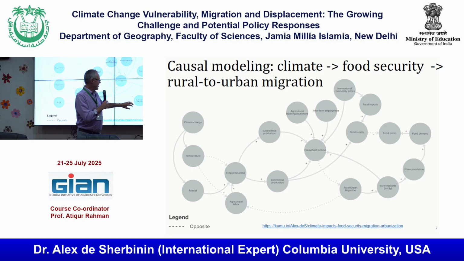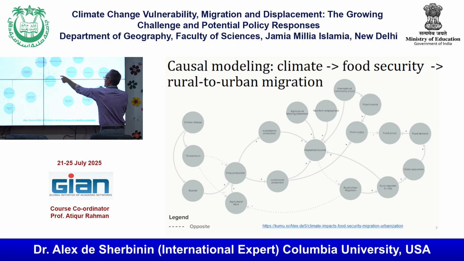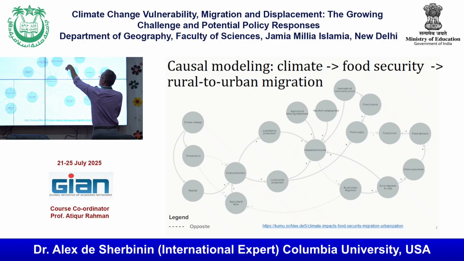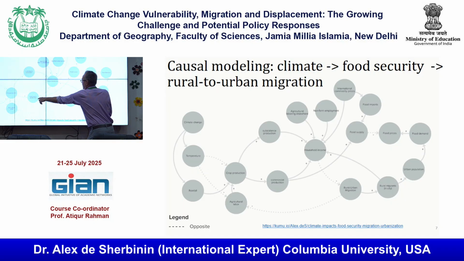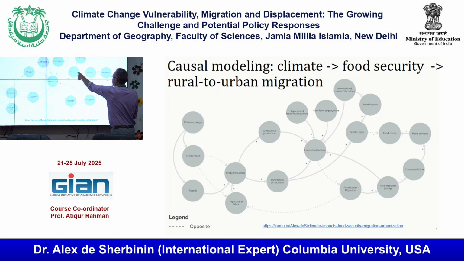There might be other shocks to household income, such as international commodity prices, which results in increased food imports, resulting potentially in increased food supply. And some of the commercial production might go into the food supply, resulting in increased food supply and decreasing food prices.